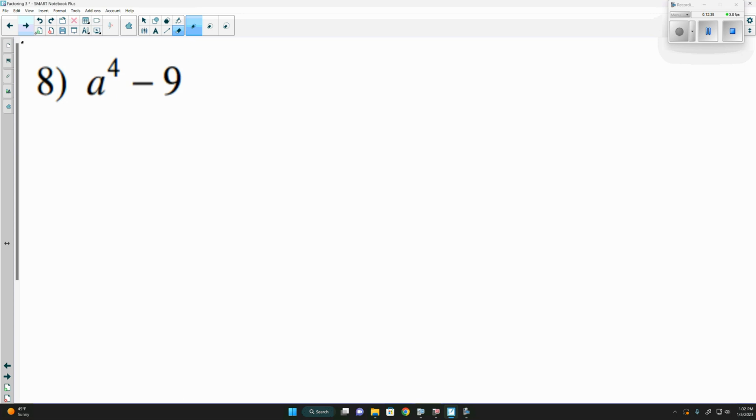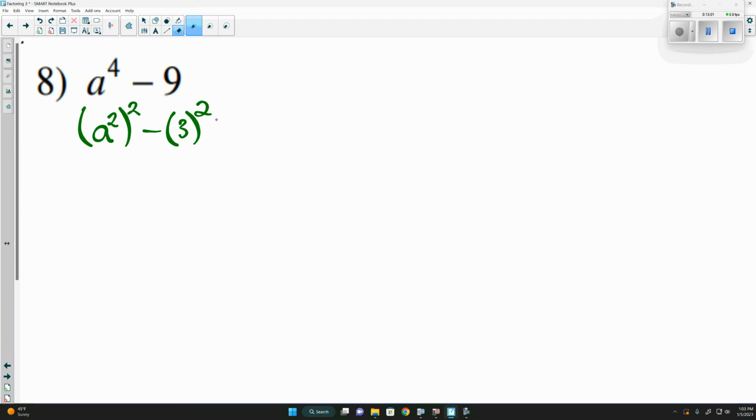Let's look at this next one here. A to the 4th minus 9. Is 9 a perfect square? Is a to the 4th a perfect square? It is. Because what times itself would be a to the 4th? A squared squared.